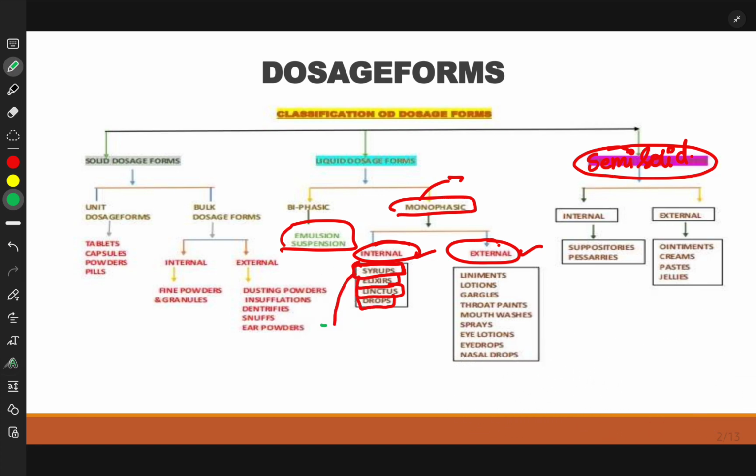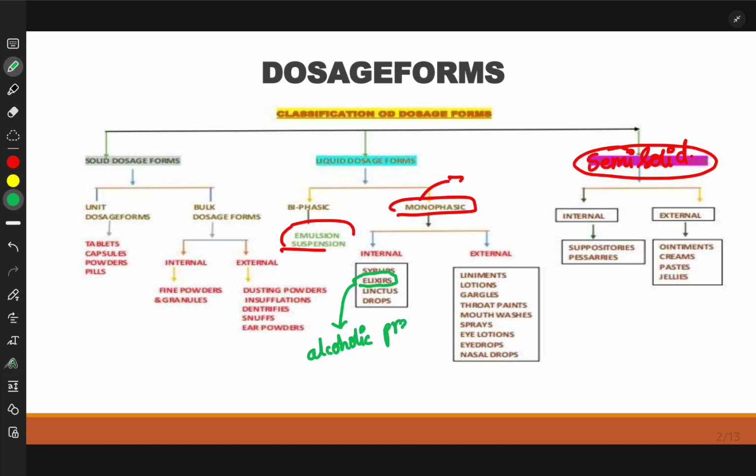Next one, elixirs. It is very important because it is an alcoholic preparation. Here 3 to 23% of alcohol is used as a solvent.